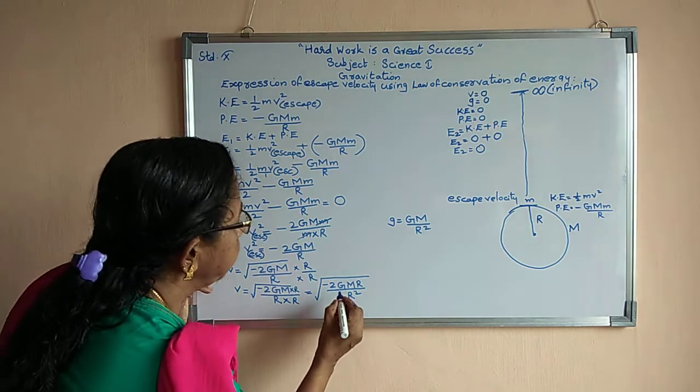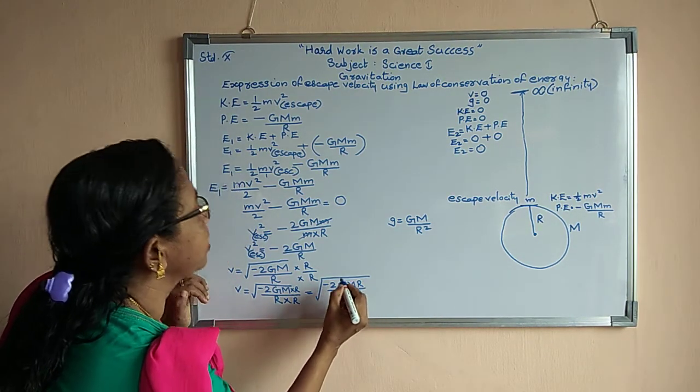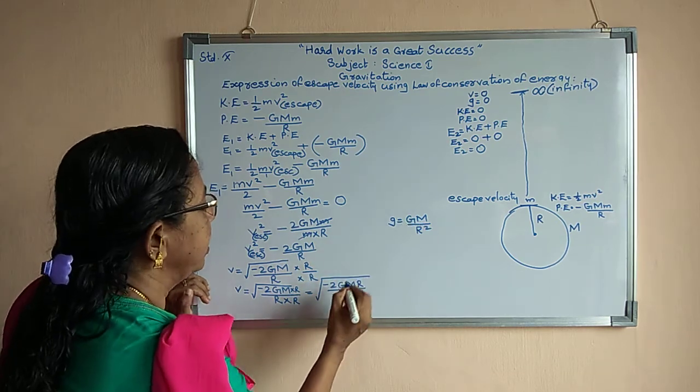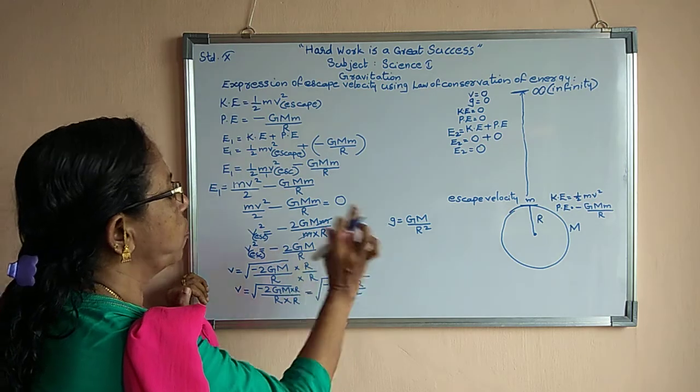Now children, here GM upon R square, that means what? Small g. So I am removing this value and putting the value small g here.